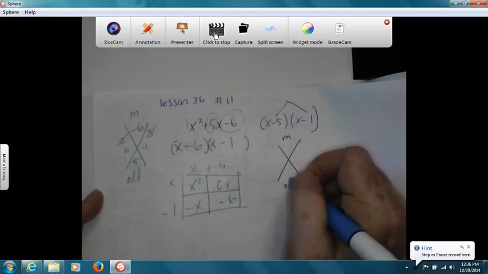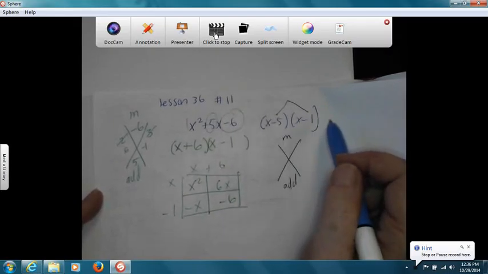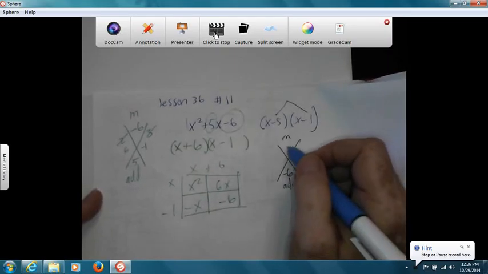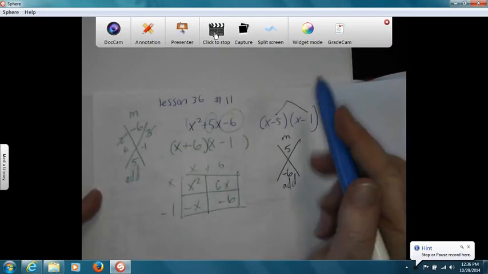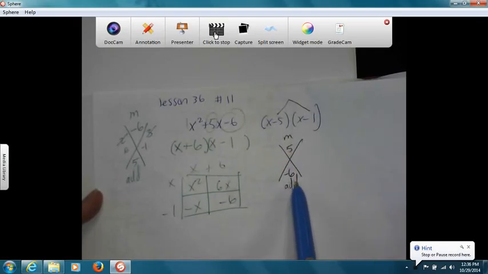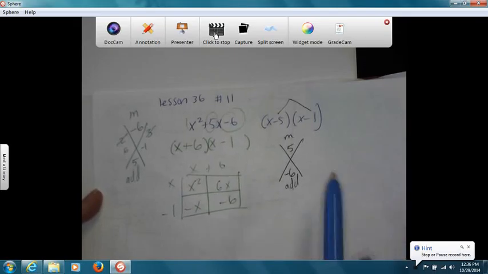I think she looked at it and thought it had to add to make negative 6 and multiply to make 5. Because if you look at her numbers, they do multiply to make 5 and add to make negative 6, don't they? So I think she got it, and you know, we have someone in our class who doesn't do it wrong, but she puts her multiplying number down there and her adding number up there, and that's okay as long as she knows that that is multiplying.